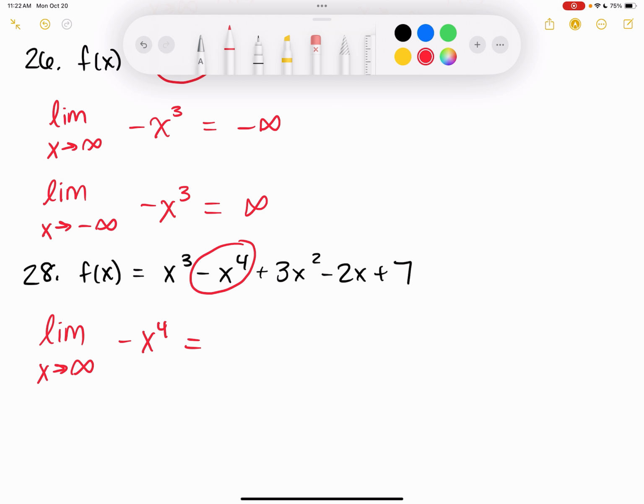So this is going to negative infinity. The limit as x approaches negative infinity of negative x to the fourth. So if I plug in negative 500 for x, what's going to happen? It's the same thing. Yep. Because a negative number raised to an even power becomes positive, and then it's times that negative that's out front, so negative infinity. So notice, this is an even function. They both go the same direction to finish.